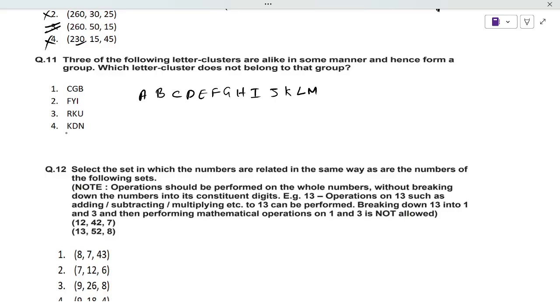So we can just write M, N, O, P, Q, R, S, T, U, V, W, X, Y, and Z. That's 26 letters.